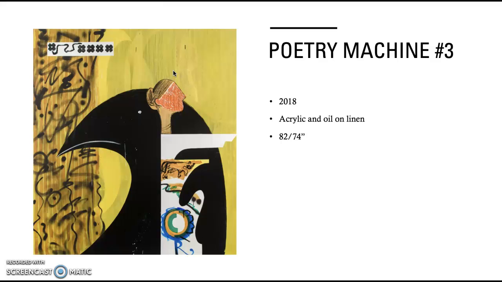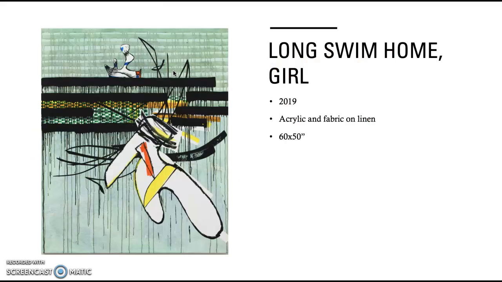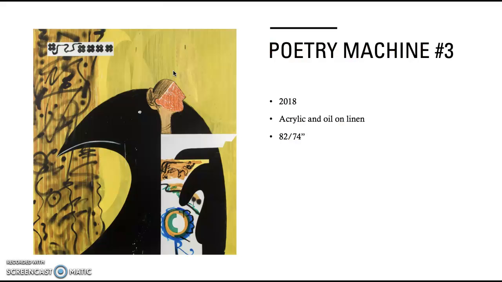So to me, part of what makes that successful in this piece, and you can also see a similar effect here in this Long Swim Home Girl, is her use of the white shapes. She leaves white that extends past the black outline of the shapes, and that makes it look like the shape was cut out of paper and pasted on top of the painting, and I think that's a really cool effect.